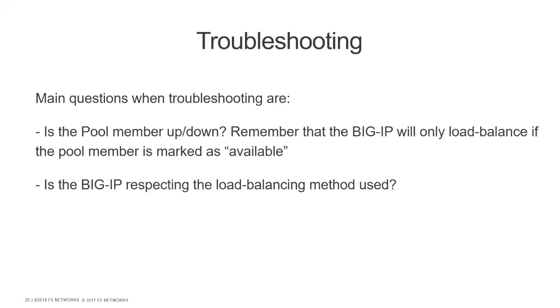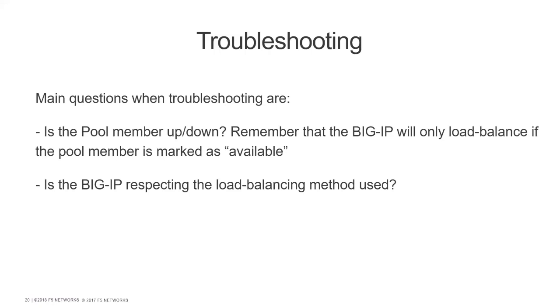If only one of them is taking connections, that's a bit odd. So maybe they're being marked down, and that's a reasonable assumption. Bear in mind, we're not going into too much detail here. It's just an overview: always look for the availability. Are they marked as available or not?